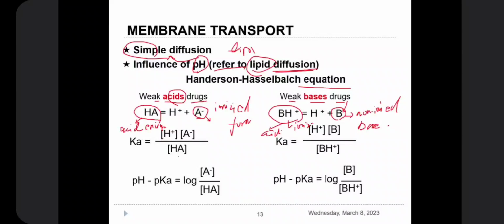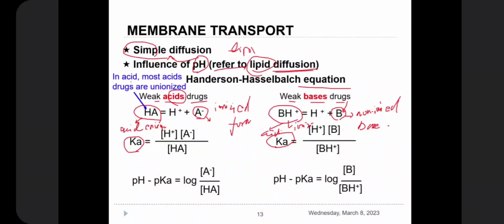And when they reach a balance, we can get a parameter that is Ka. You can see Ka. It equals one form to another form, and when they keep the balance, we give the Ka. Okay, here I want to tell you the conclusion.